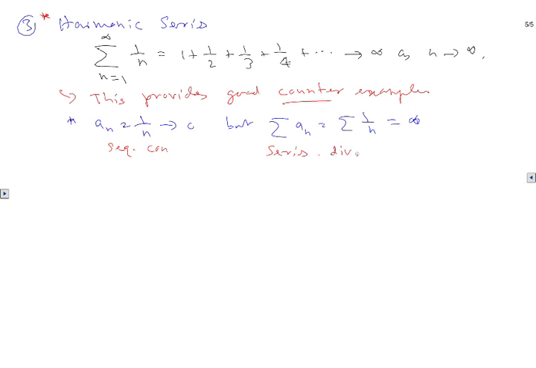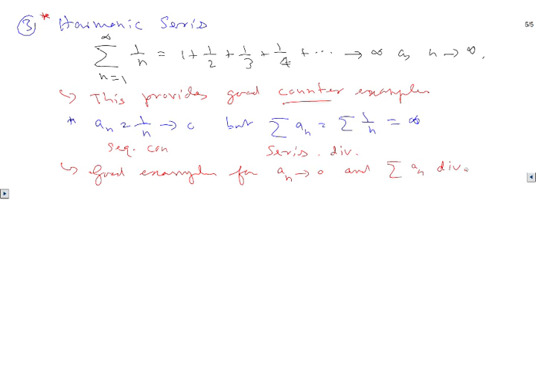That can happen. So this is one good example, for a series, where the sequence converges and the series diverges. I'm writing it several times because it's that important.